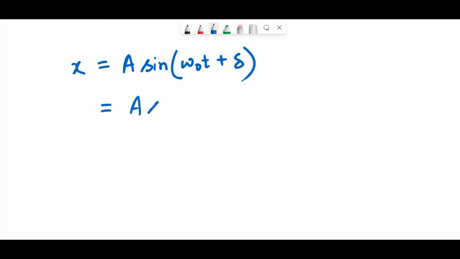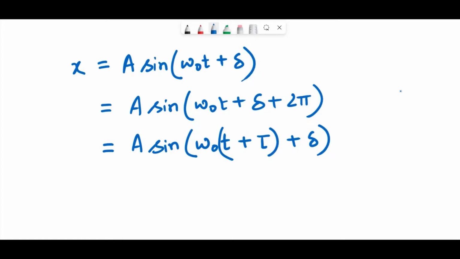Speaking of the physics of the system, notice that in the oscillation, A sine omega naught t plus delta, this remains the same if we add a phase angle of twice pi, right?